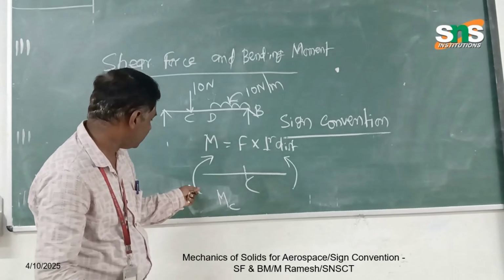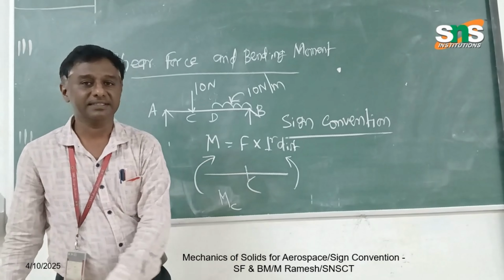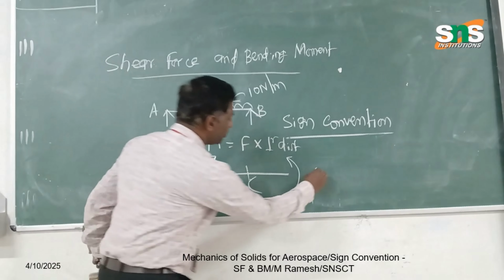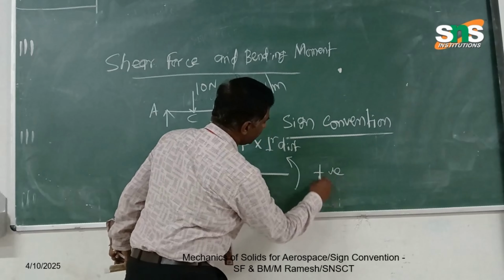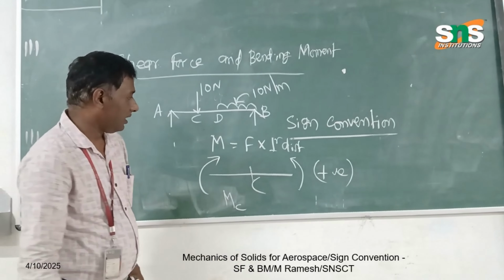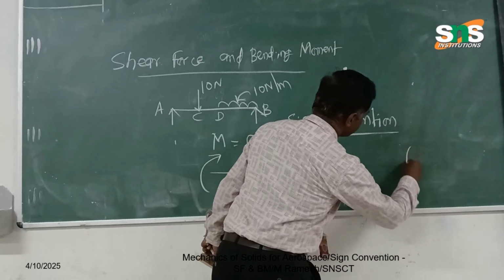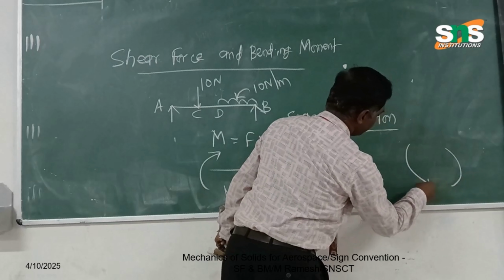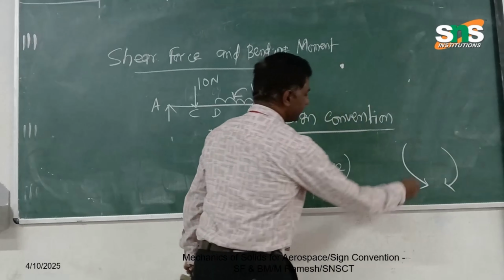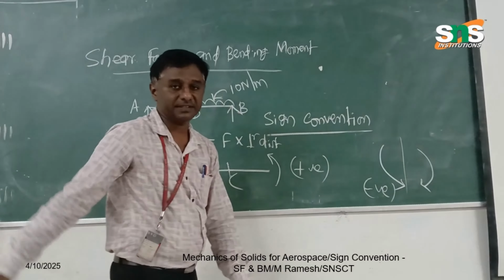It will travel to the point C in the anti-clockwise manner. Both are called positive bending moment sign convention. And if it is reversed, this is called negative bending moment sign convention.